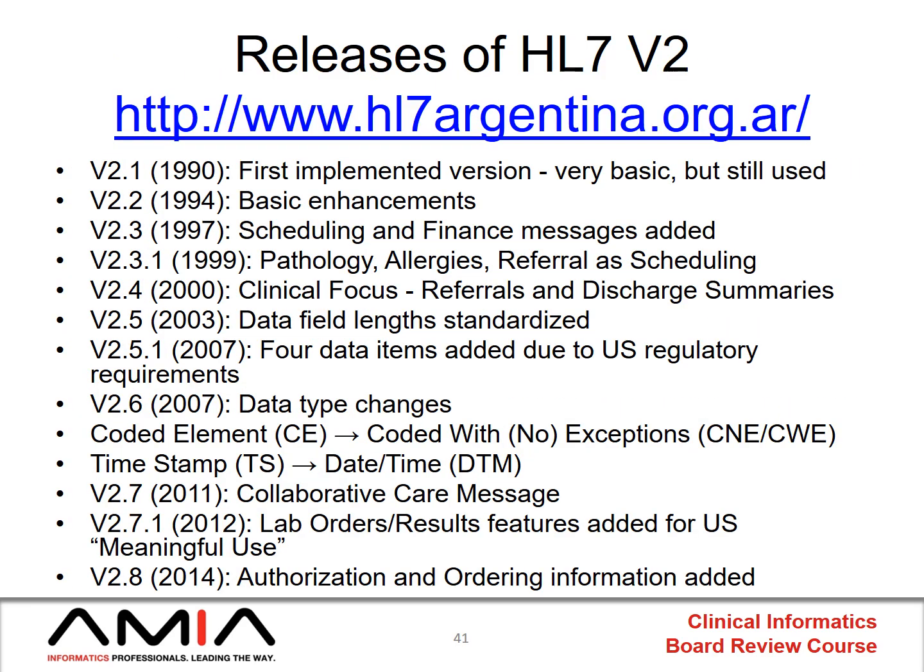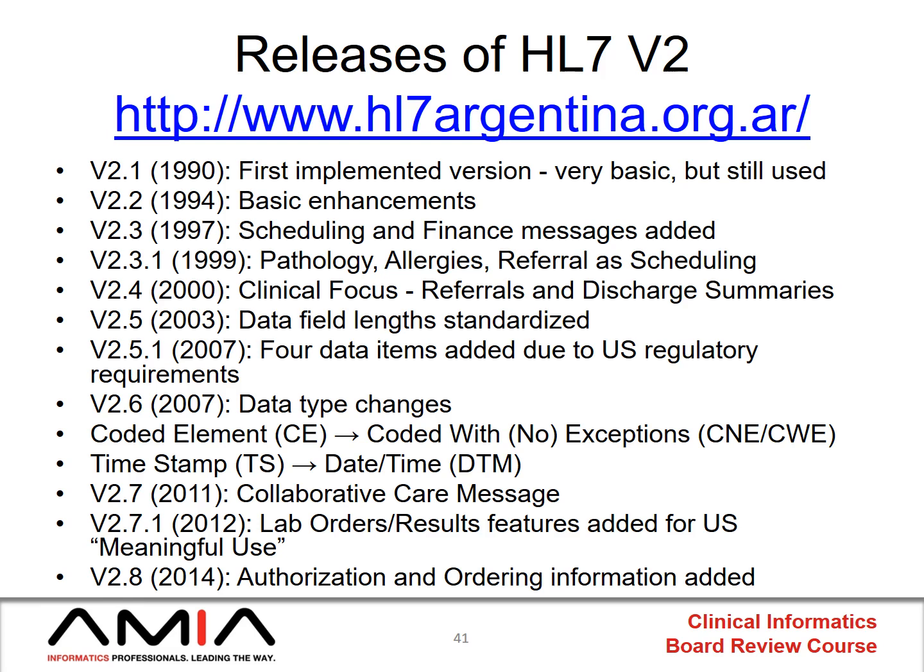As noted a few slides back, the subsequent releases of HL7 version 2 have added particular semantics. So again, whereas version 2.1, the first implemented version, was very basic, version 2.3, for example, added scheduling and finance, and then 2.3.1, pathology and allergies. Version 2.5 added data items related to U.S. meaningful use regulatory requirements.